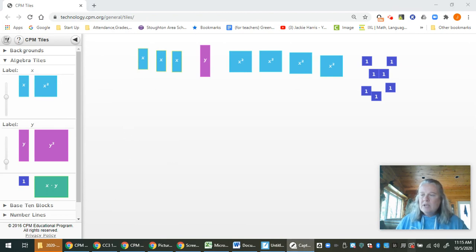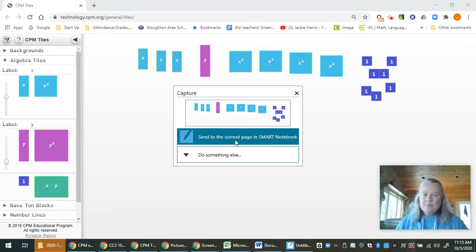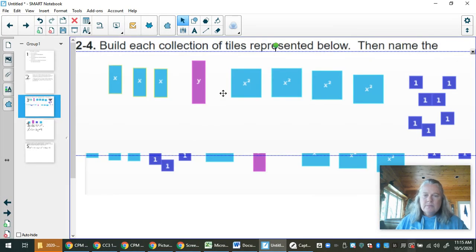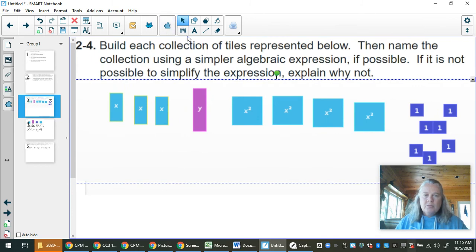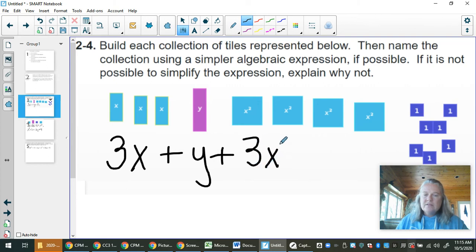And now, by doing that, I can write that statement more simply by saying I have 3x plus 1y plus 3 x squareds plus 7 1s, 1, 2, 3, 4, 5, 6, 7.